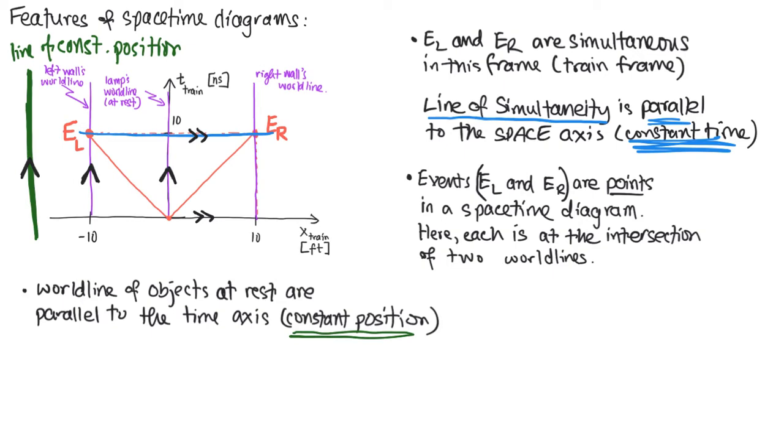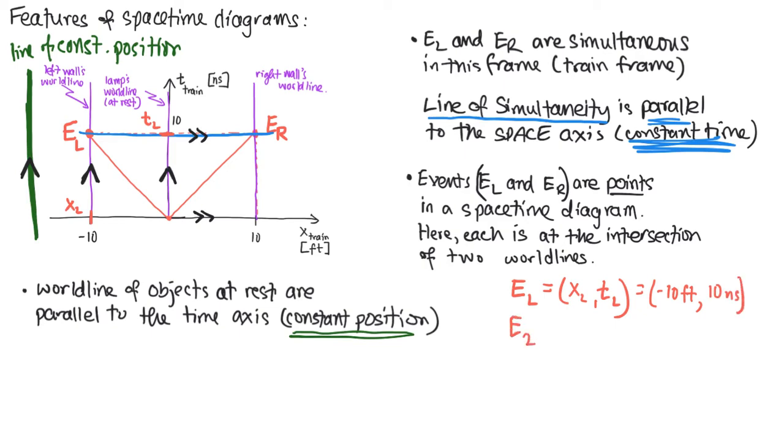So we could say that the event E left is a point that has coordinates X comma T: X left is the X coordinate of the event and T left is the time coordinate of the event. In this case, the X coordinate of the event is minus 10 feet and the time coordinate is 10 nanoseconds.